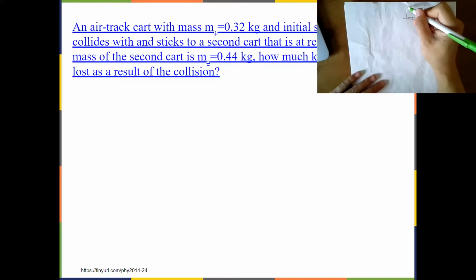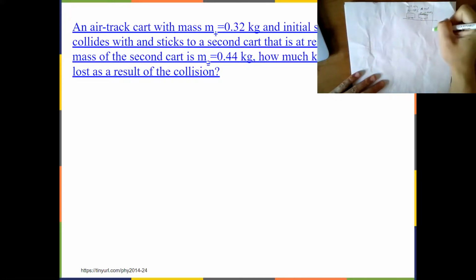And this one, m1, is 0.32 kilogram. v0 is 0.85 meters per second. After the collision, they stick together. So after the collision, one car sticks with the other car. Then it's asking what would be the kinetic energy lost.